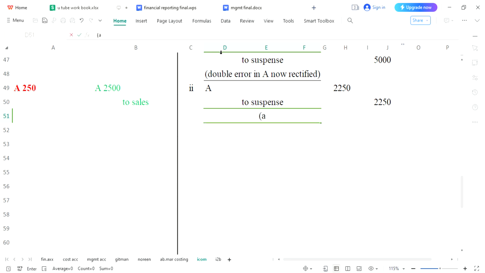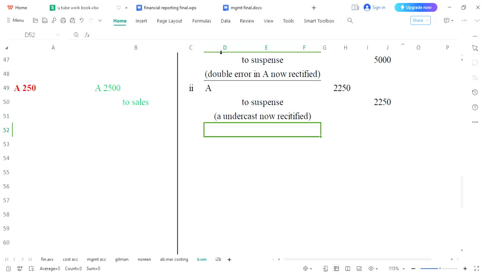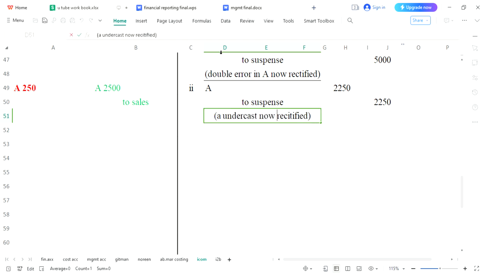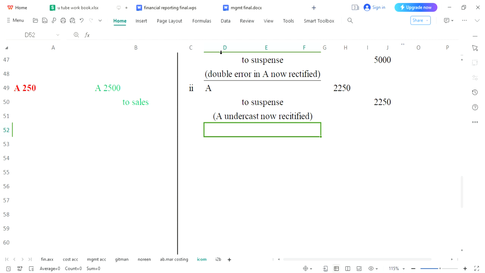Now A undercast, now rectified. So here we have our second entry. The second entry has also been completed.